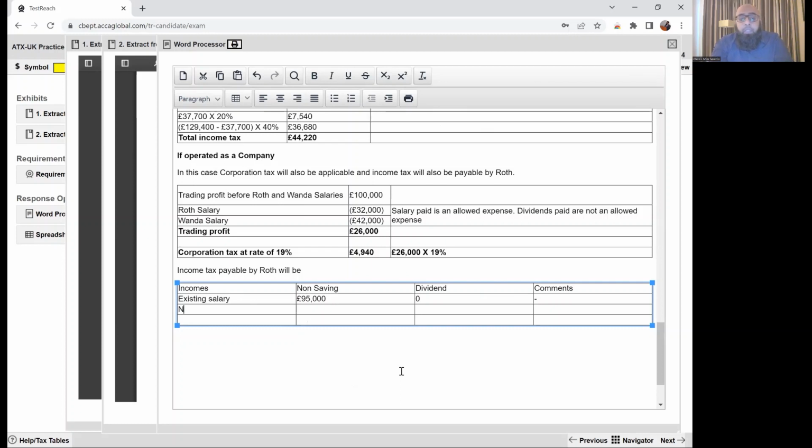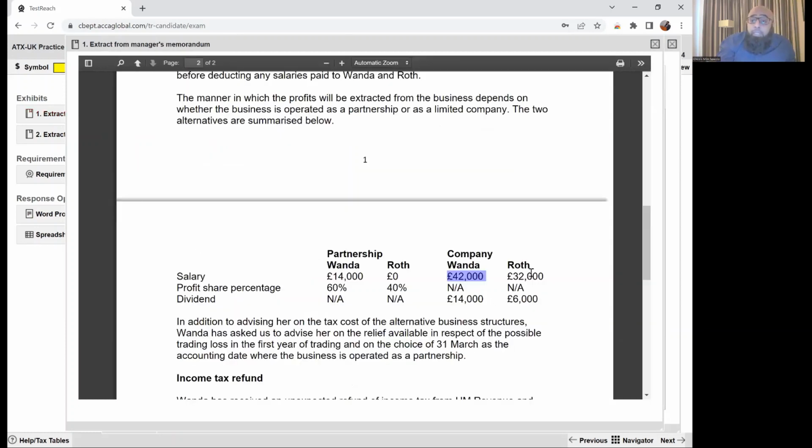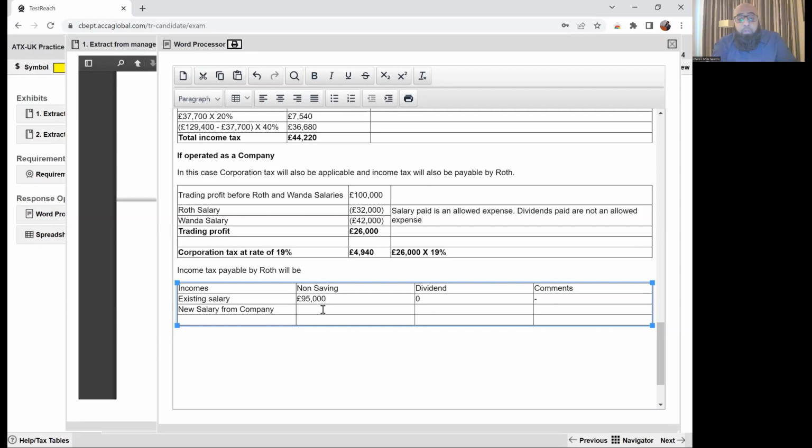New salary from company. Now, what will be the new or additional salary he will be getting? In this case, Rot will be getting an additional salary of 32,000 and a dividend of 6,000. So this salary goes in the column of non-saving, and dividend from company will be 6,000.